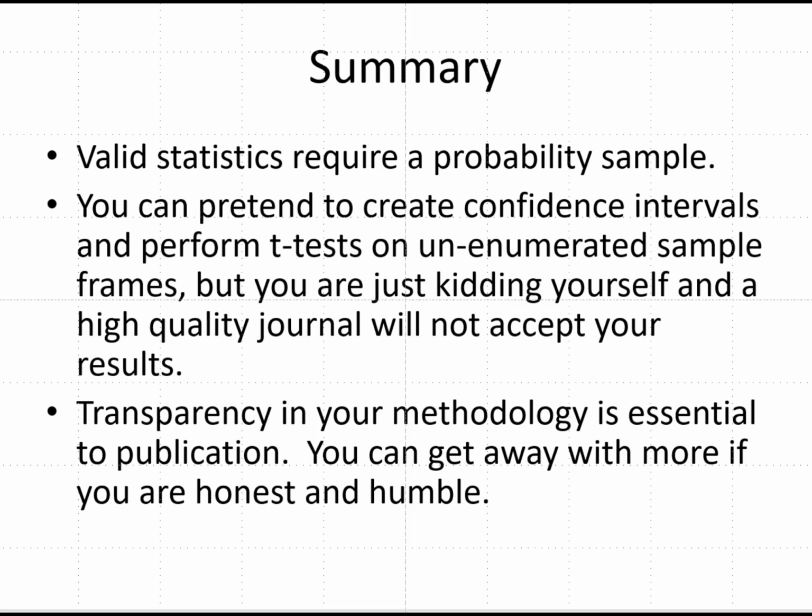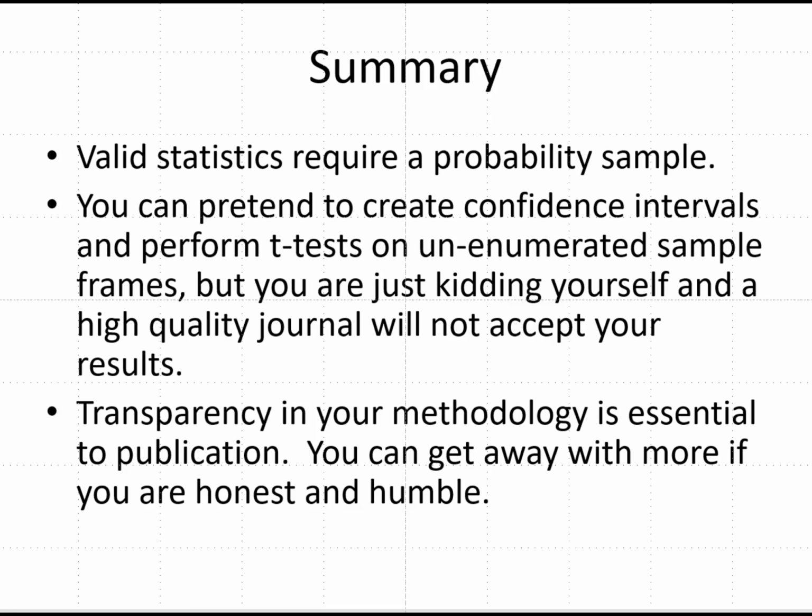So basically, we have to understand that to do valid, standard statistical methods, this requires a probability sample. You only pretend to create confidence intervals and perform t-tests on unenumerated sample frames. But you are just kidding yourself, and a high-quality journal will not accept your results. Transparency in your methodology is essential to publication.